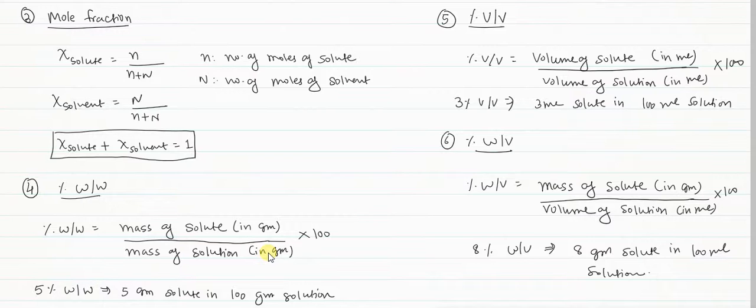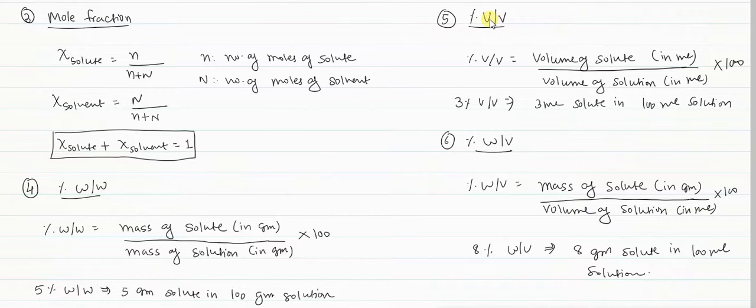The only thing that you have to understand is numerator and denominator both have the same unit, and just multiply by 100 and you will get percentage weight by weight. What it means is, suppose you have a solution which is 5% weight in weight, it means that 5 gram of solute is present in 100 gram solution. So if you have 200 gram solution, you will have 10 gram solute in that solution.